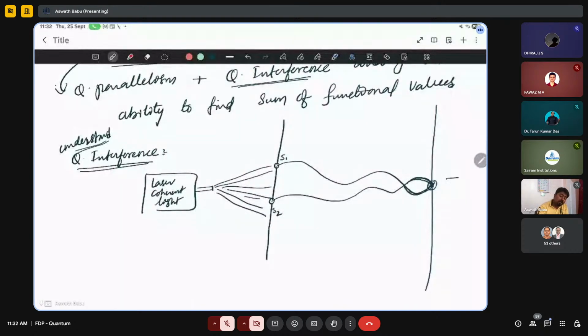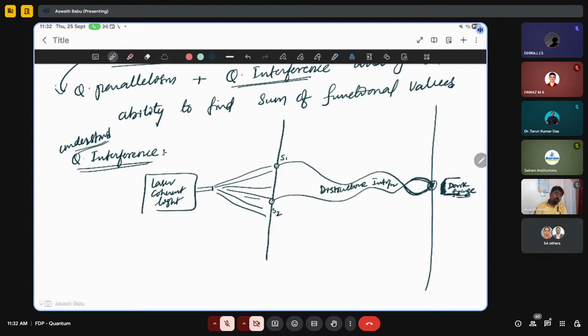They create a dark fringe, darkness there. Even though two light rays come and interact, they destructively interfere. So destructive interference, okay, creates a dark fringe. Okay, so I will say darkness.